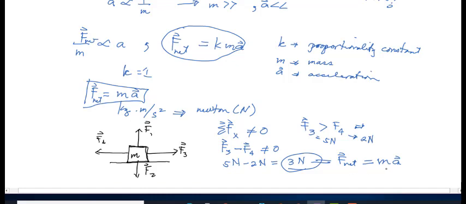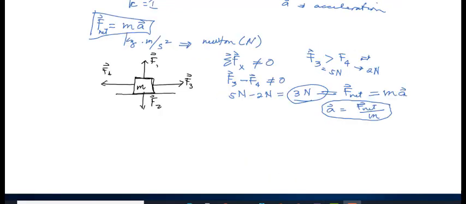So if mass is given, then you can solve for the acceleration of the body, which is equal to F net over m. So if our F net is equal to 3 newtons, therefore, the summation of forces along the vertical axis y is equal to 0, because our net force, the unbalanced force, happens in our horizontal axis.